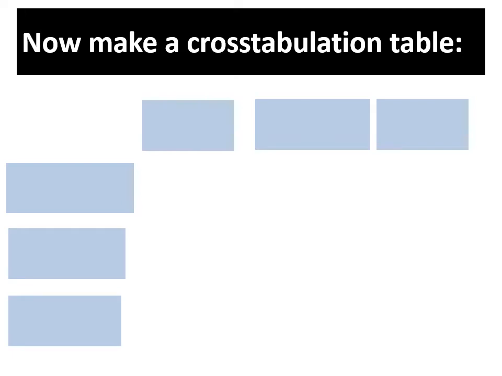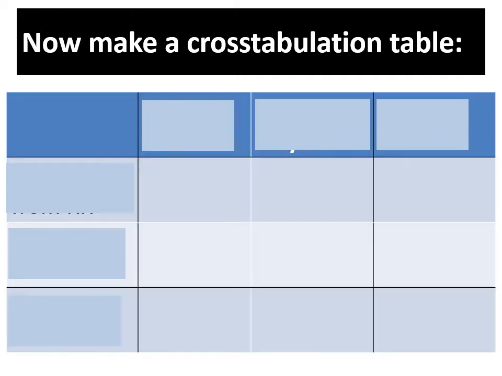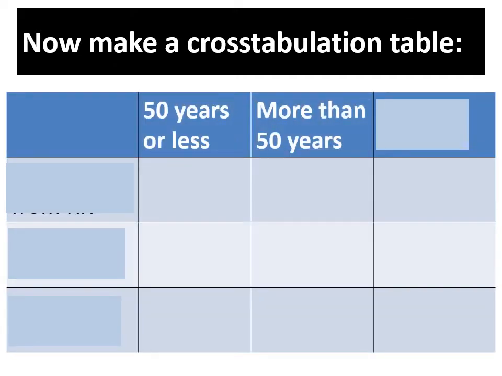The next thing that we want to do when making a cross tabulation is to recall that a cross tabulation is a table. So the first thing that we do is label our table. On one axis, we have 50 years or less and more than 50 years.